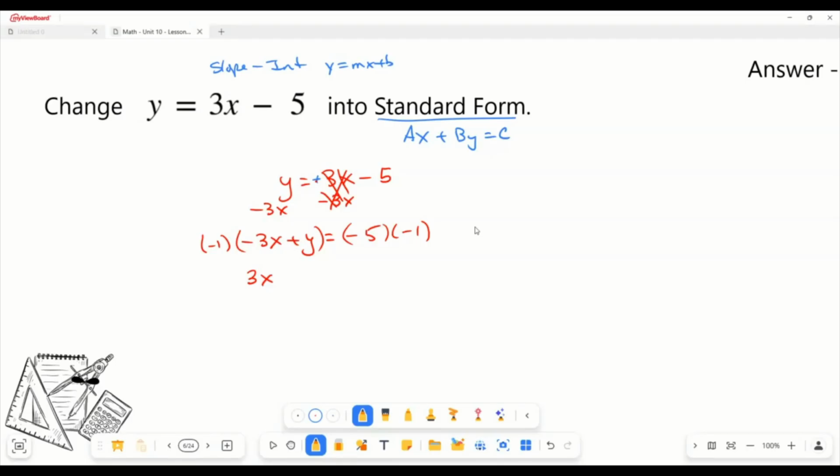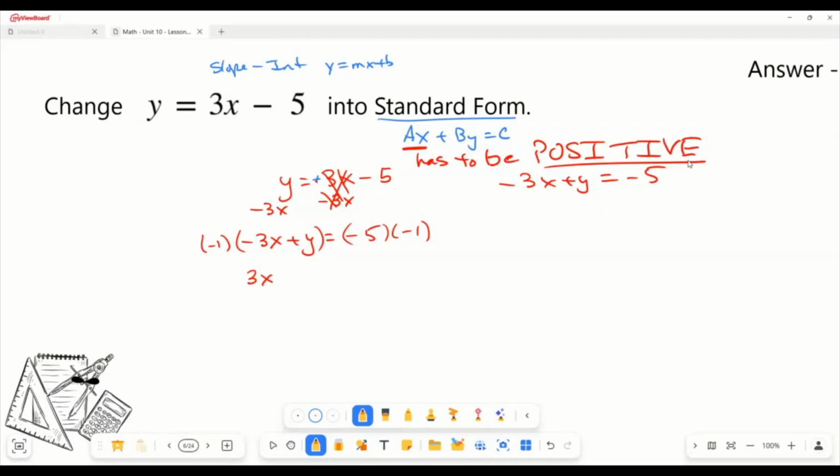Yes? So why are we multiplying both sides by -1? Because I have -3x plus y equals -5. I can't stop there. In order to be in standard form, the x term has to be positive. It has to be a positive number. The others, the y and the c, it doesn't matter.